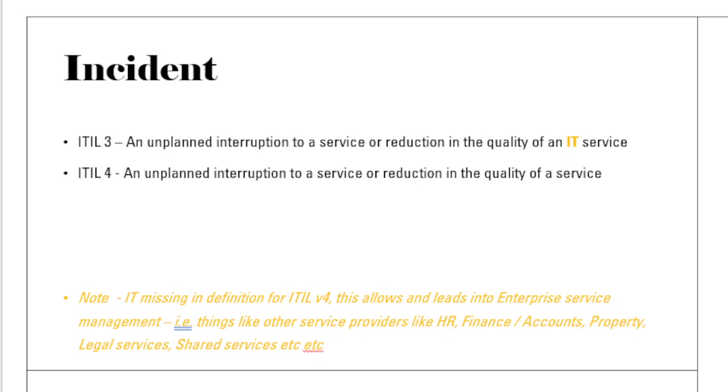And you'll note the ITIL 4 definition of an incident is an unplanned interruption to a service or reduction in the quality of a service. So you will note the word IT is missing from the ITIL 4 version versus the ITIL 3 version.